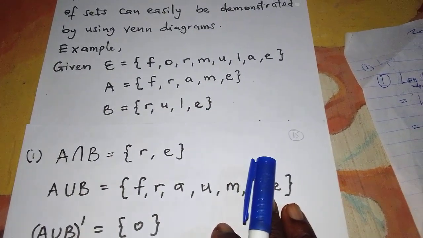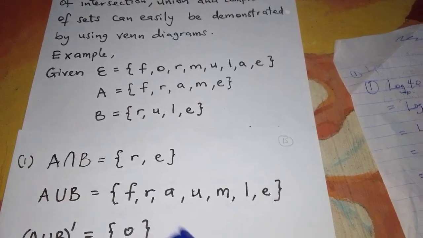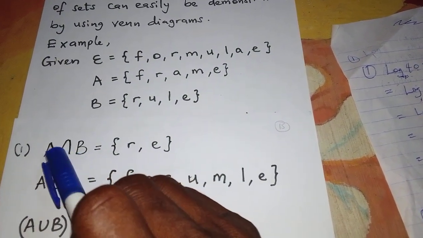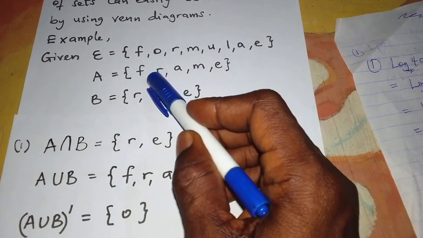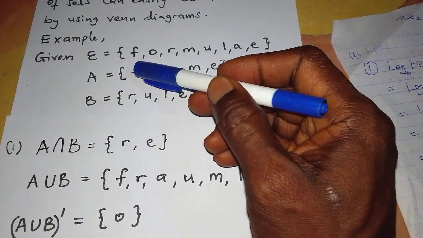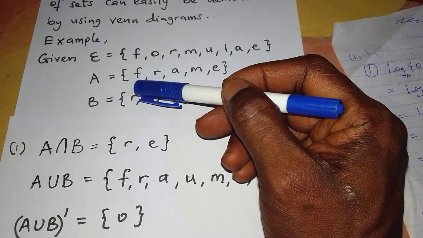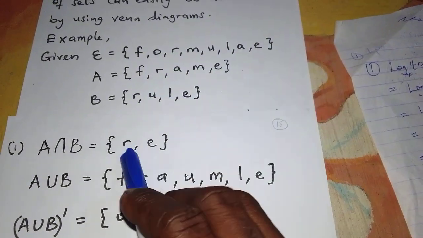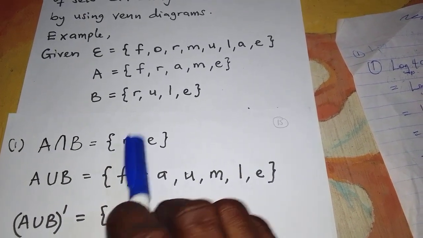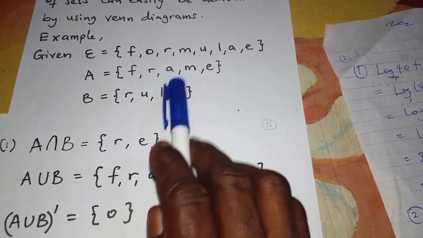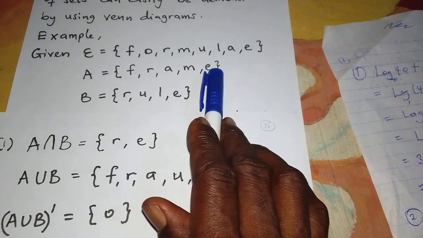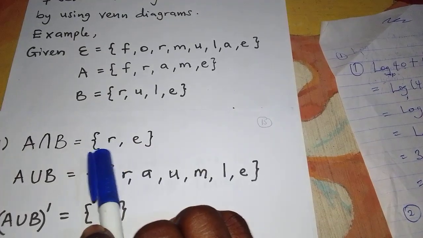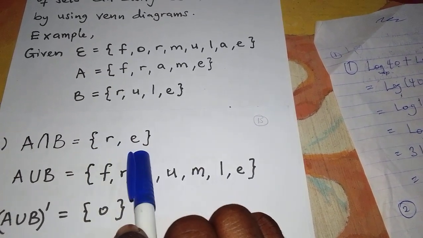First, let's look at the elements in A intersection B. A intersection B means the elements common to A and B. In A you have F. F is not in B. R is in A, R is in B, so R is common to A and B. A is in A, not in B. M is in A, not in B. E is in A, and E is in B. So R and E are common to A and B.